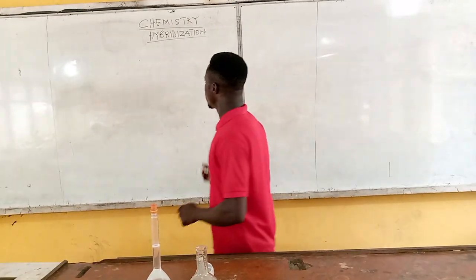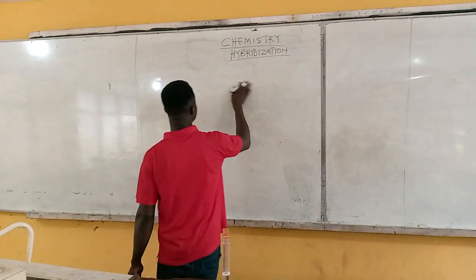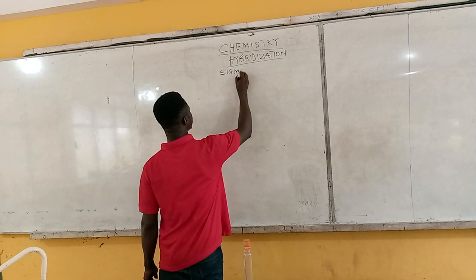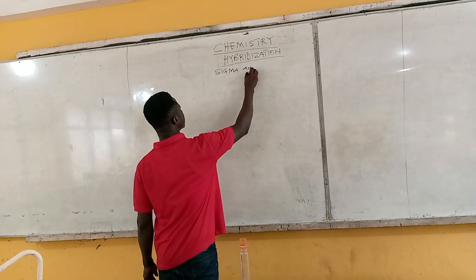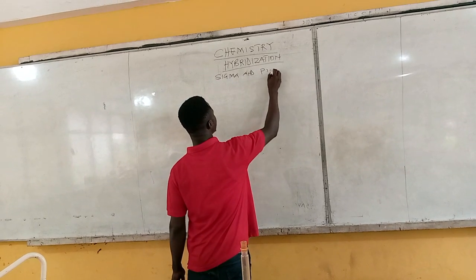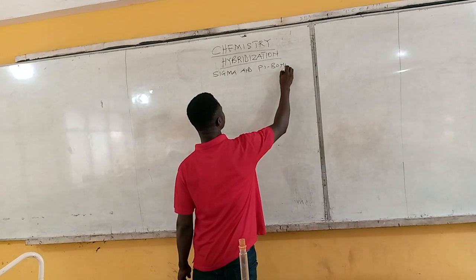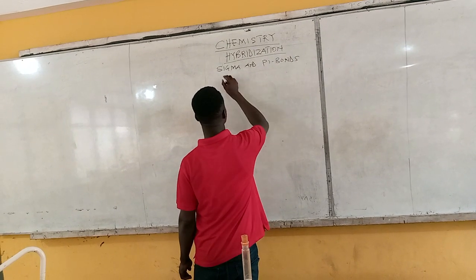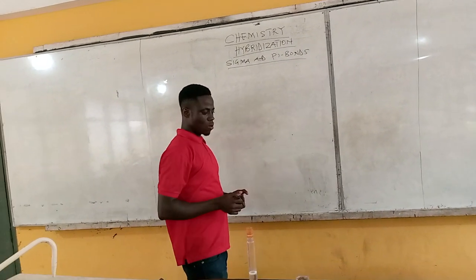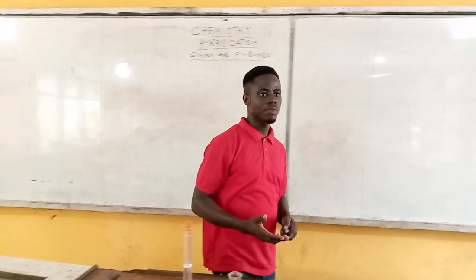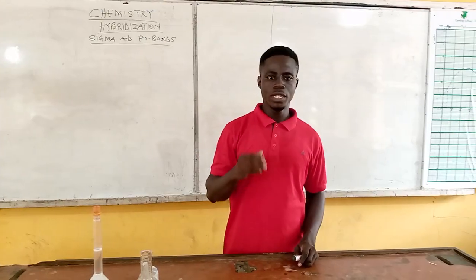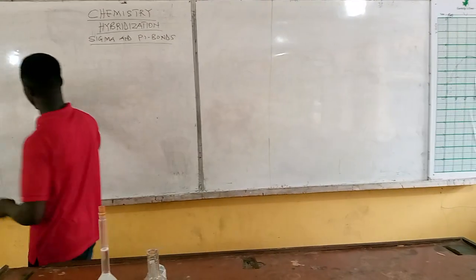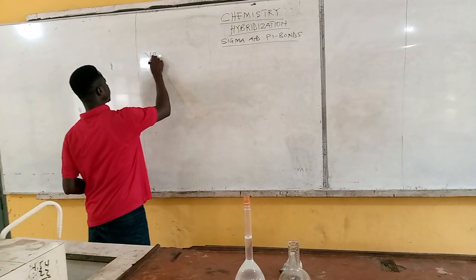Now, our study is going to be based on sigma and pi bonds. For you to get this concept very well, you need to understand what we refer to as VBT.